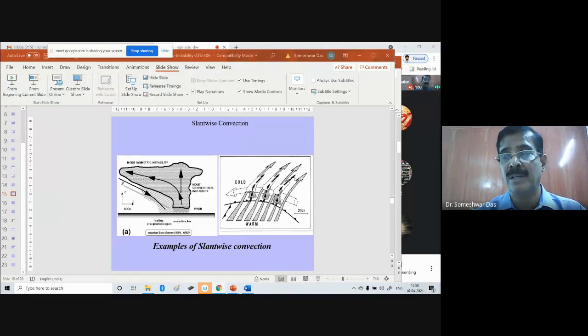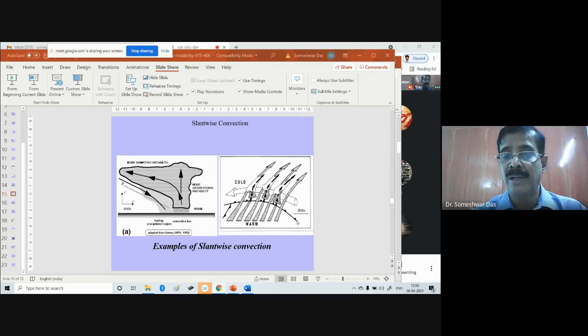And this is slanted because of the Earth's rotation, because of the resultant of the effective gravity and the angular momentum surfaces. So that was the slant-wise convection.